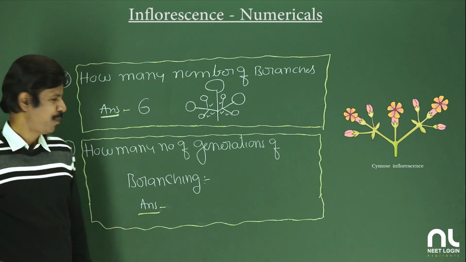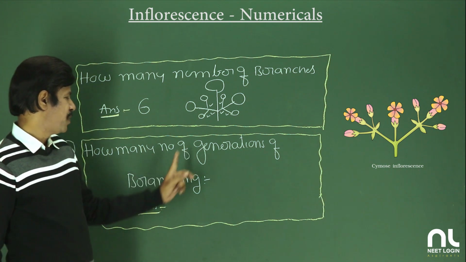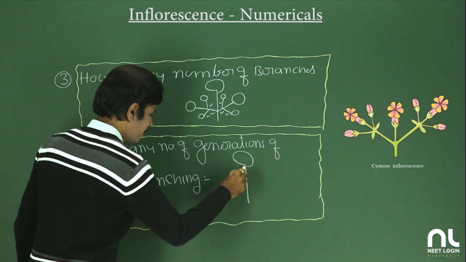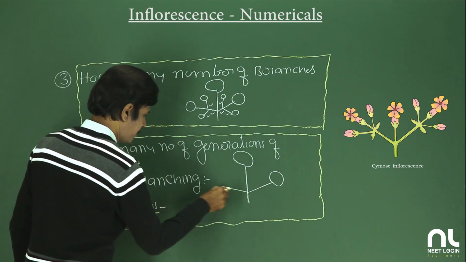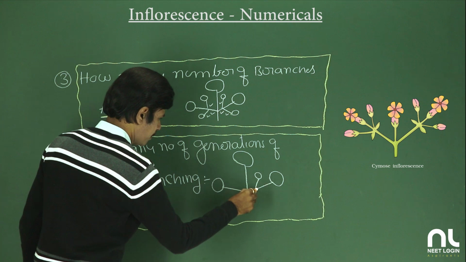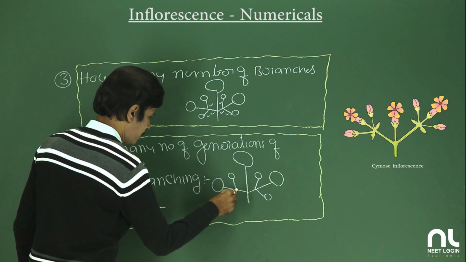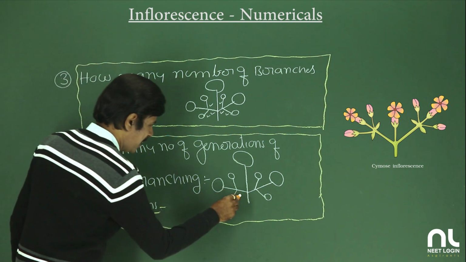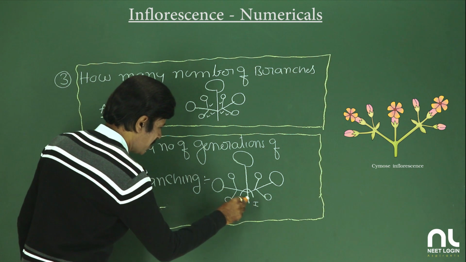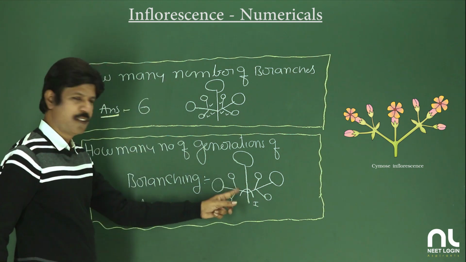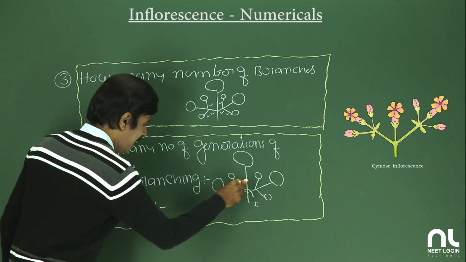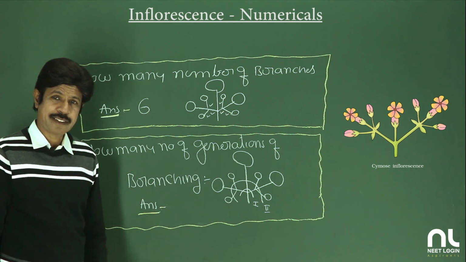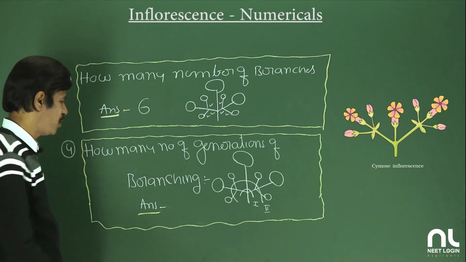How many number of generations of branching? Number of generations of branching, it is the first generation branching and it is second generation branching. Number of branches 6, number of generations of branching, it is 2.